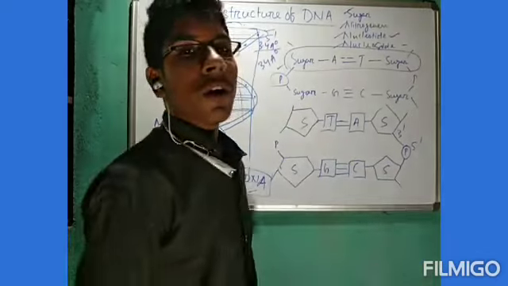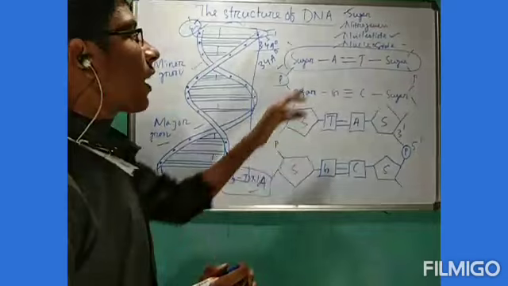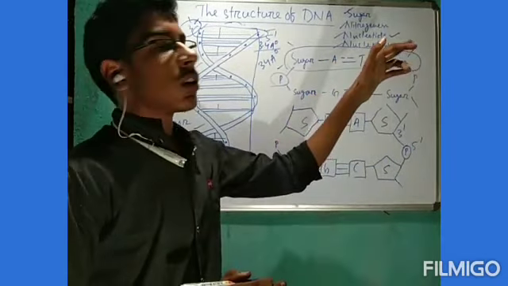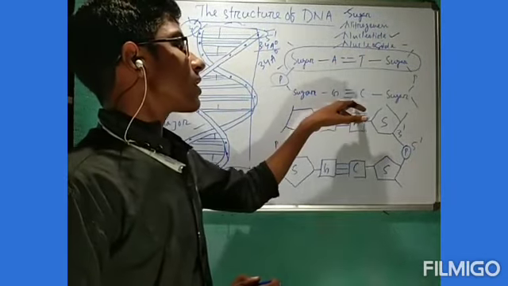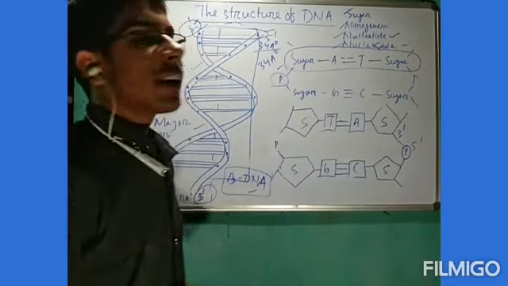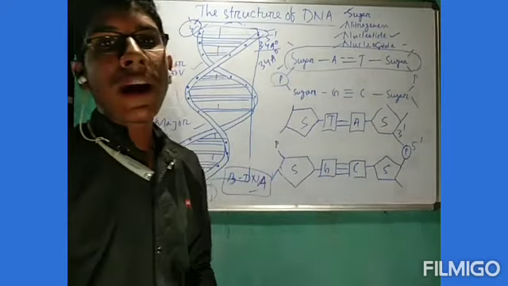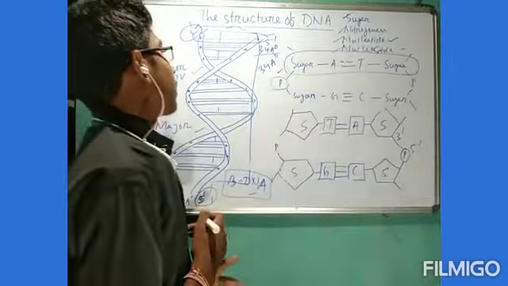In 1940, the scientist Erwin Chargaff proposed that the adenine is always equal to thymine, and guanine is always equal to cytosine. Adenine links with thymine by double hydrogen bond, but guanine links with cytosine by triple hydrogen bond.